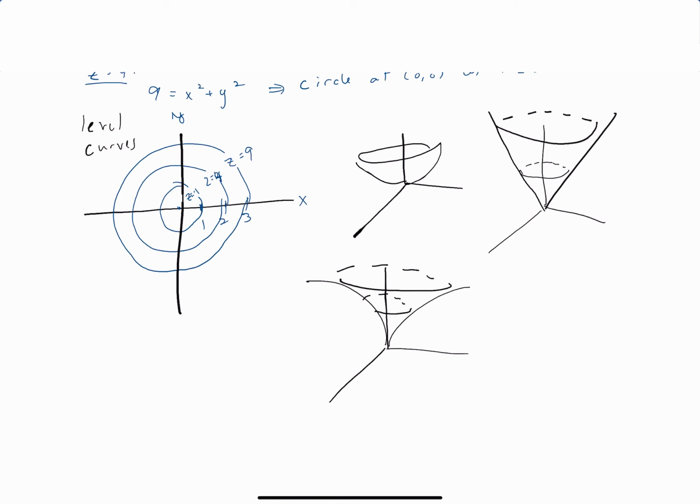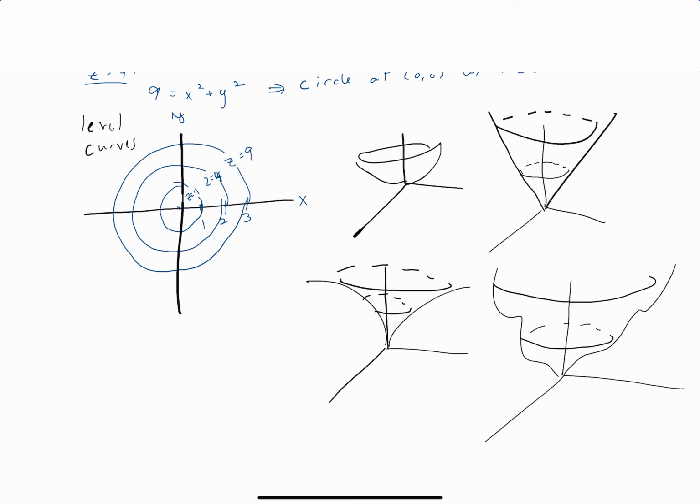Or it could even be something totally crazy, like, I don't know, this, with circular cross sections. How do we know which, if any of these, are the right shape? They all have circular cross sections.